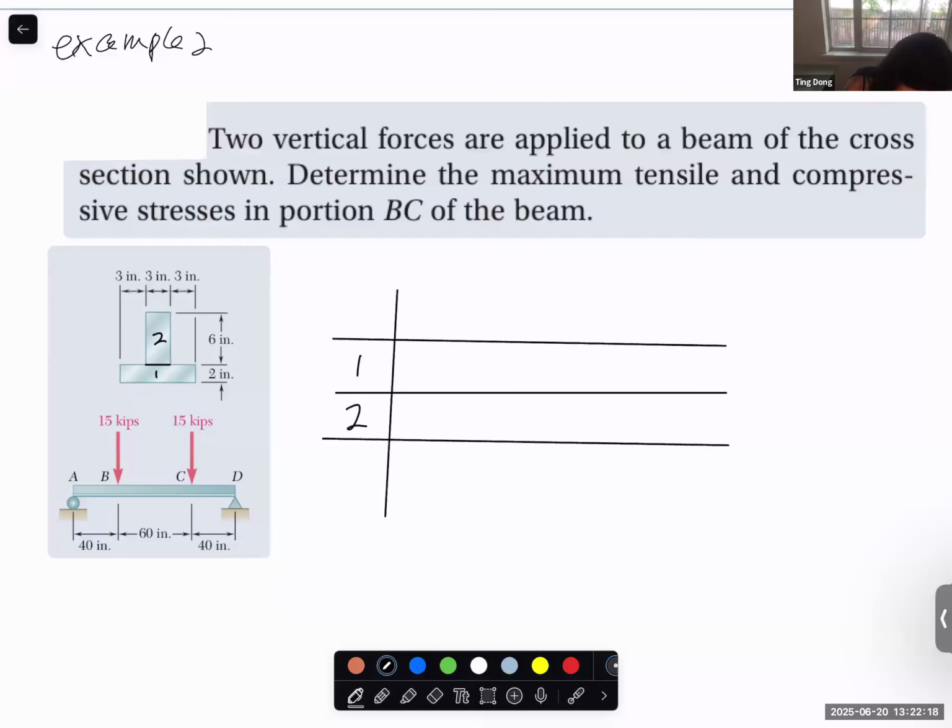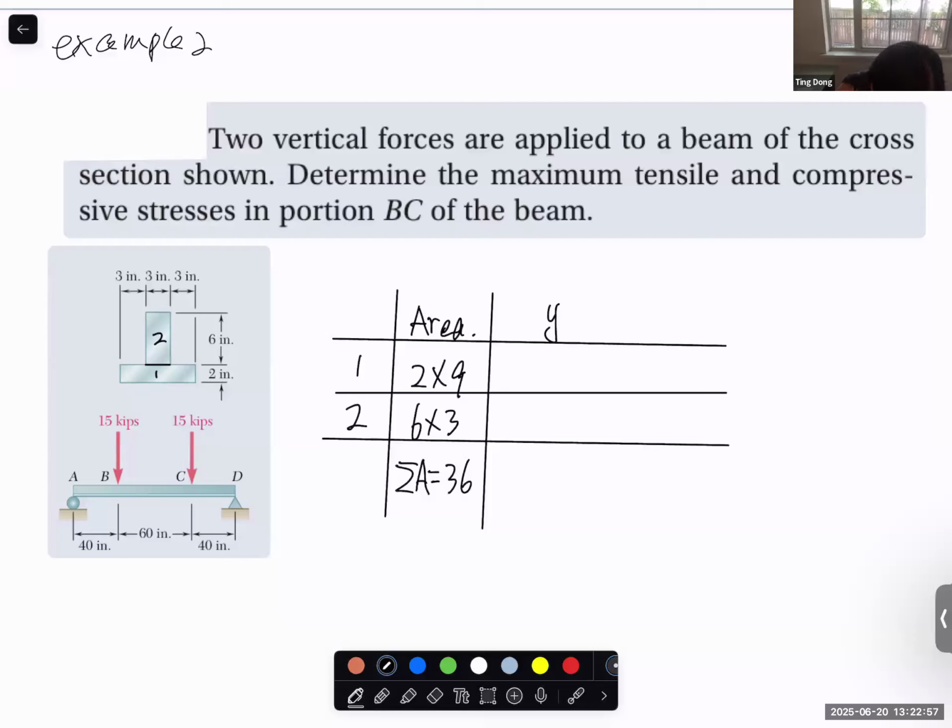For the area, the bottom part is 2 times 9. The area of the top part, the vertical rectangle cross section, is 6 times 3. This part is easy. So the entire area is 36.